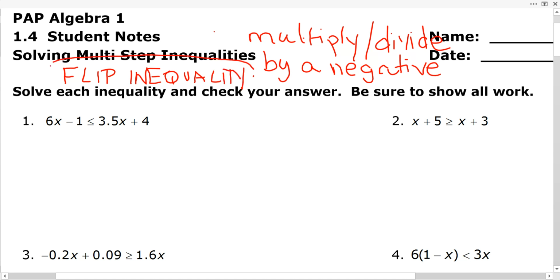And that's about as messy as you can get to remember to flip your inequality. So I think we don't do that on the first one, but we will get there.